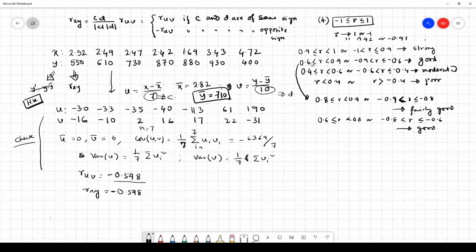You can use this, which is better. So this is moderate and this is classified as poor. These are thumb rules. In this way we can classify the strength of association between two variables x and y. Now we can prove that the correlation between x and y lies between minus 1 and 1.